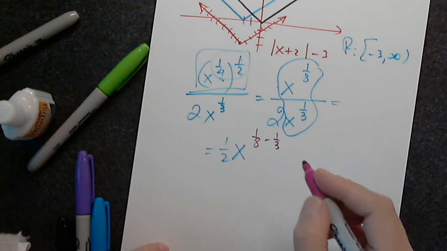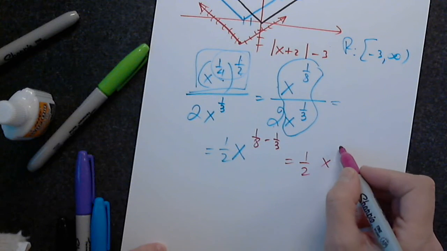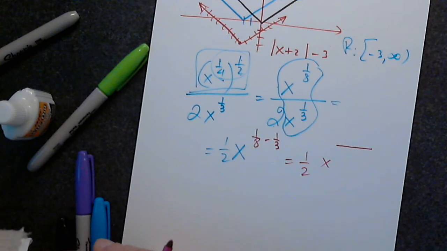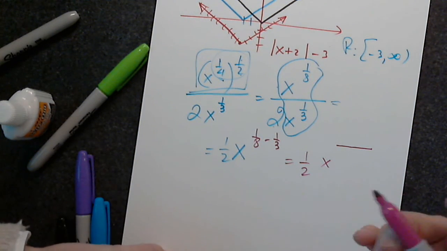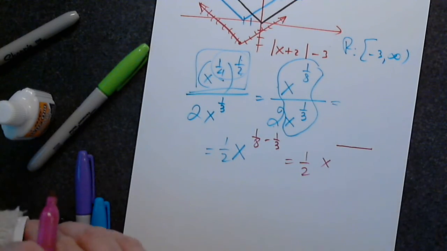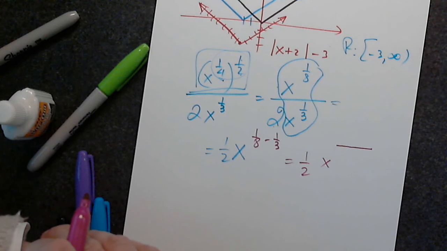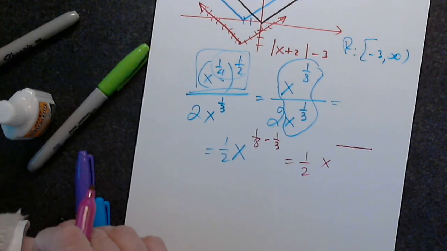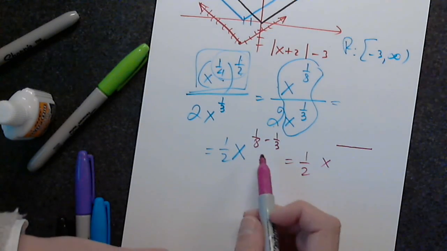In order to subtract them, I have to find the LCD. What is the LCD of 3 and 8? Say it again. I'm not asking about the greatest common factor. I'm asking for the least common denominator. They have nothing in common.